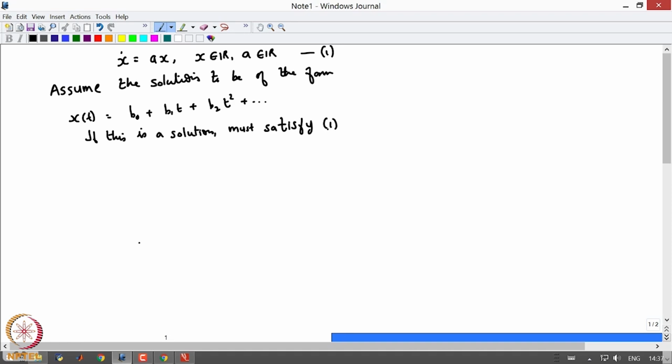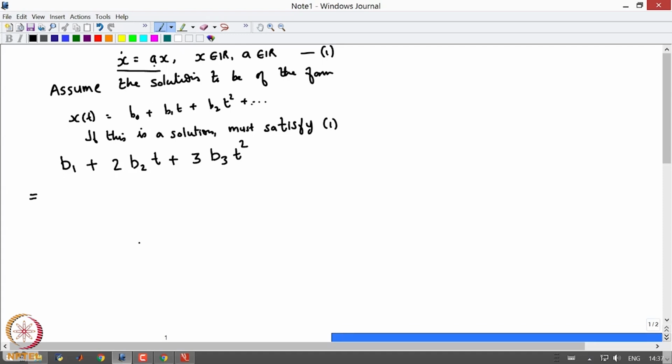Okay. So, let me differentiate. I just want to write it in this way, x dot equal to a x. On the left hand side x dot, I just differentiate this, I will have b1 plus 2 b2 t plus 3 b3 t square.